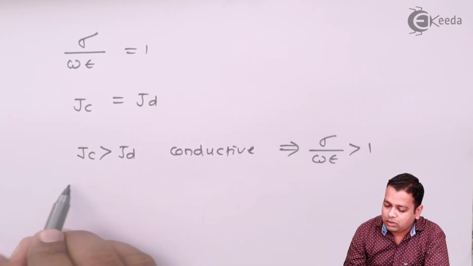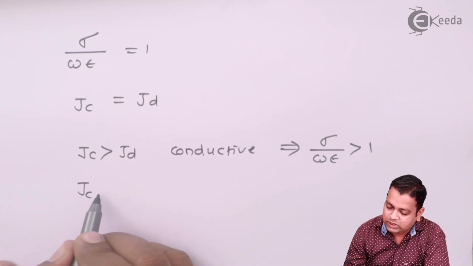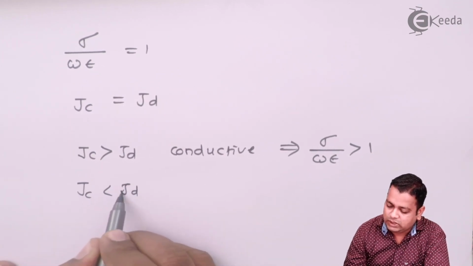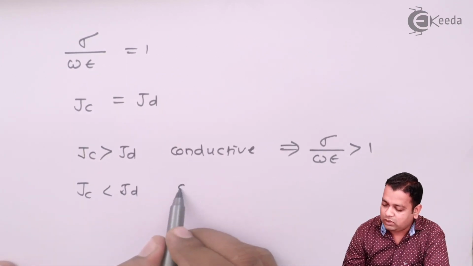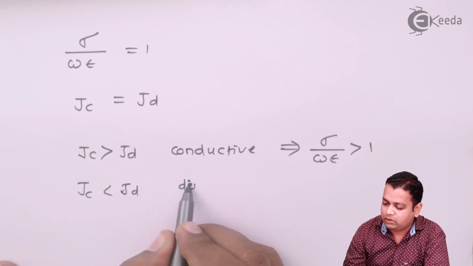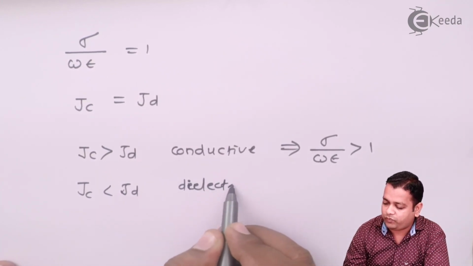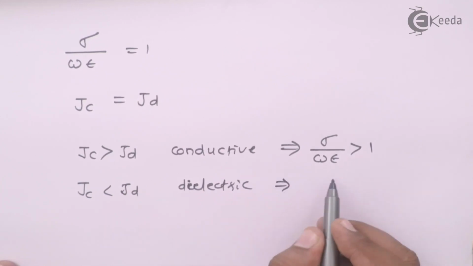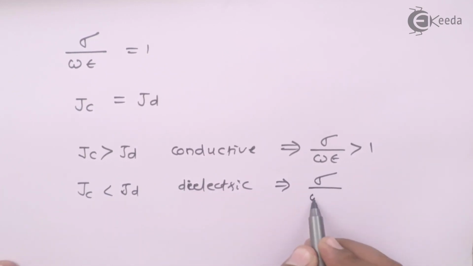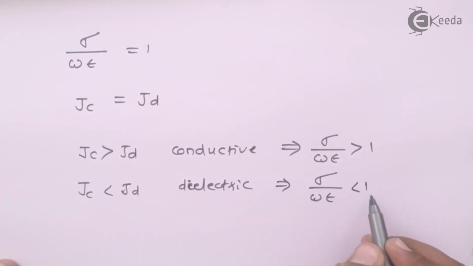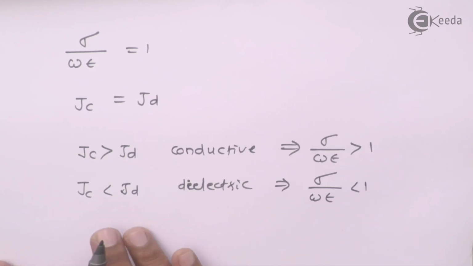Or in the reverse way, if we take JC less than JD, then in general we say this will be a dielectric medium, and this implies that sigma upon omega epsilon holds a value that is less than 1.